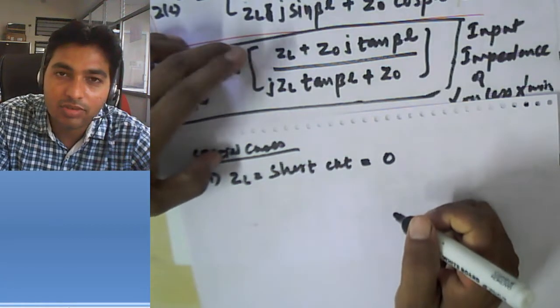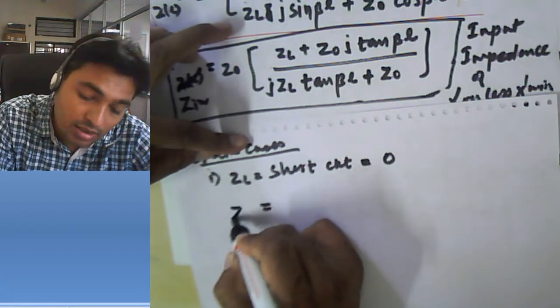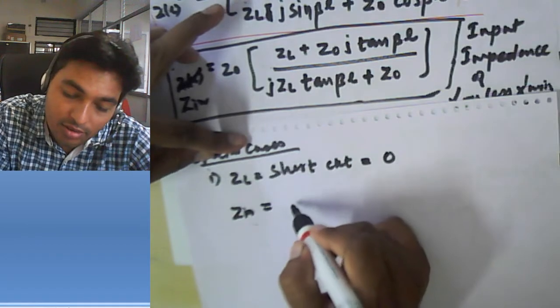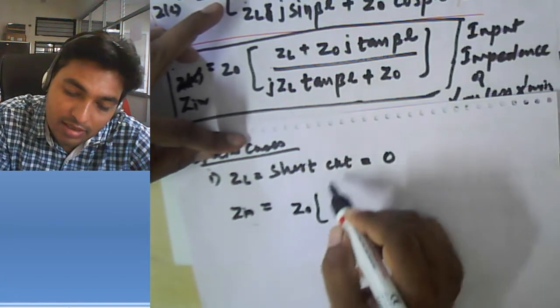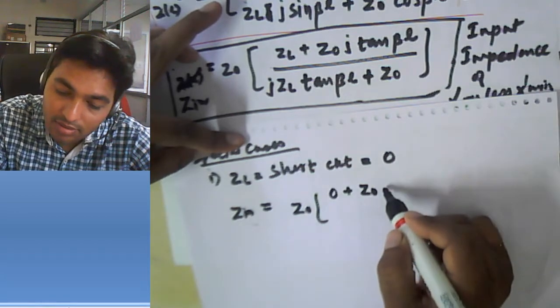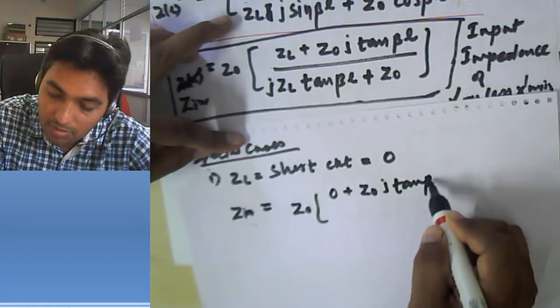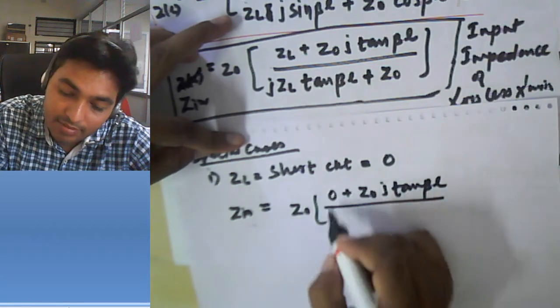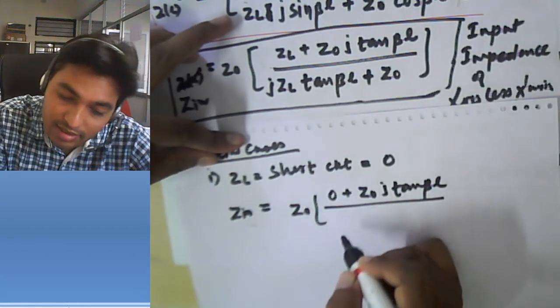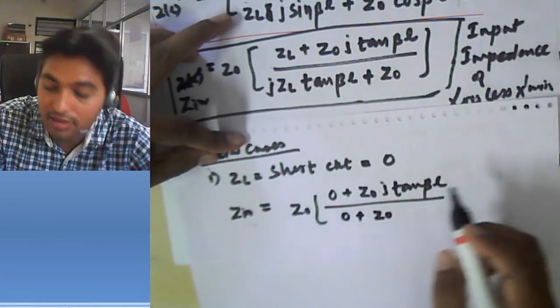Now we will substitute ZL equal to 0 in this equation. So what will this give? Zin is equal to Z0 as it is, ZL is 0 plus Z0 J tan beta L divided by J ZL, which is 0, so this term will be 0, divided by Z0.